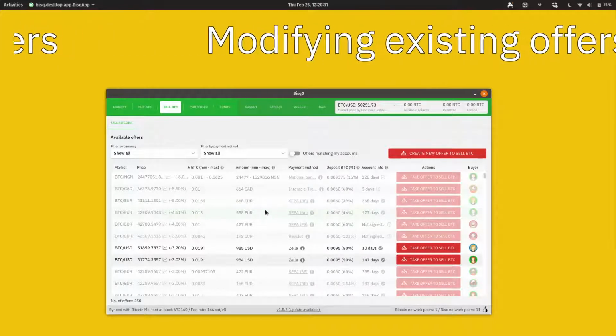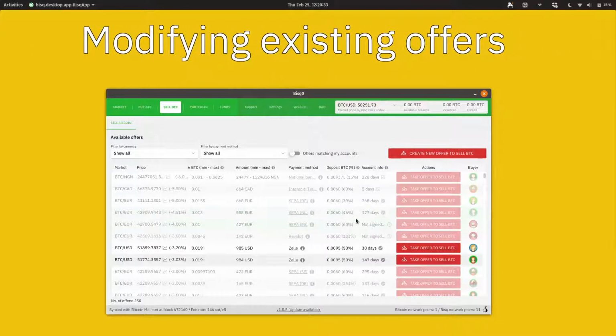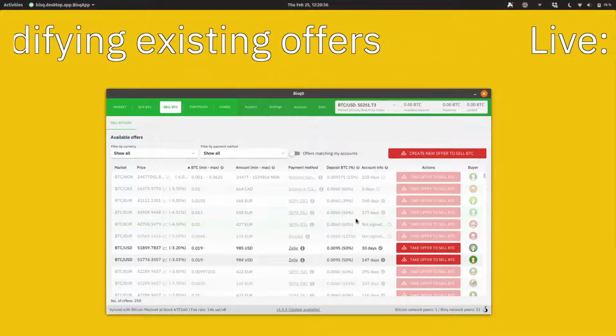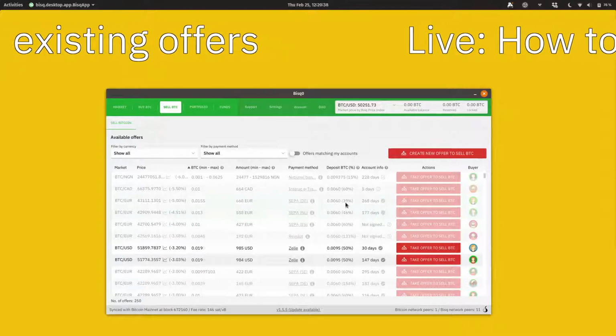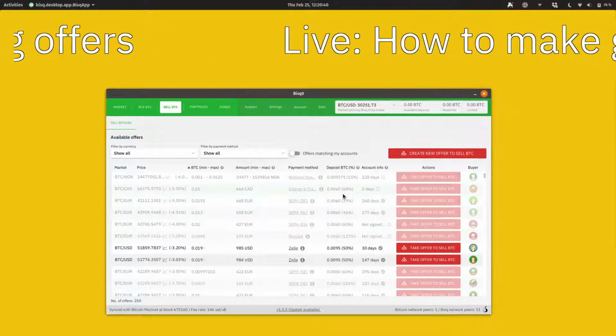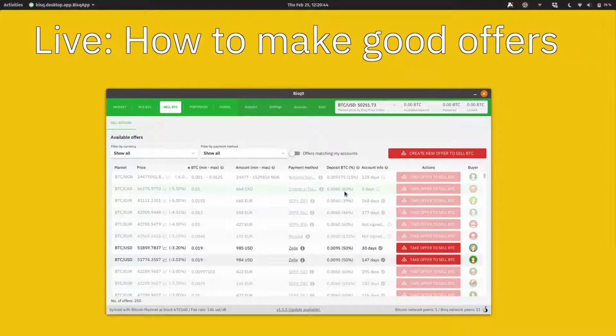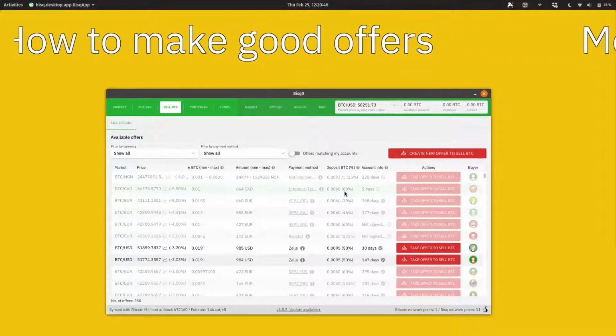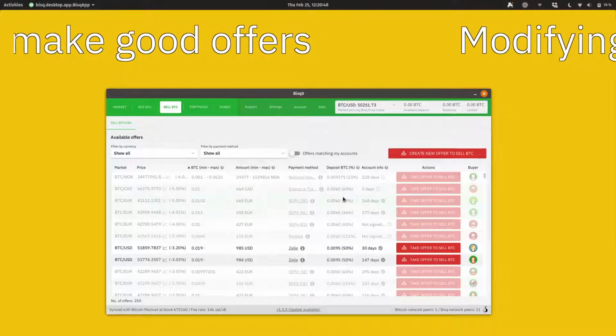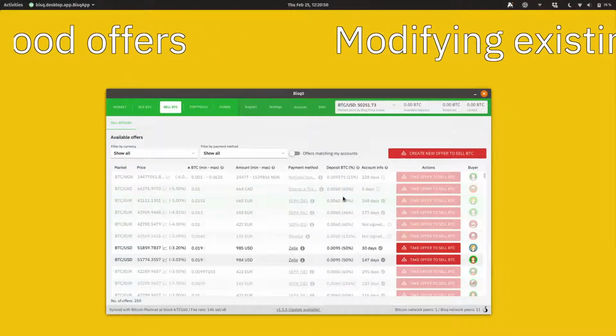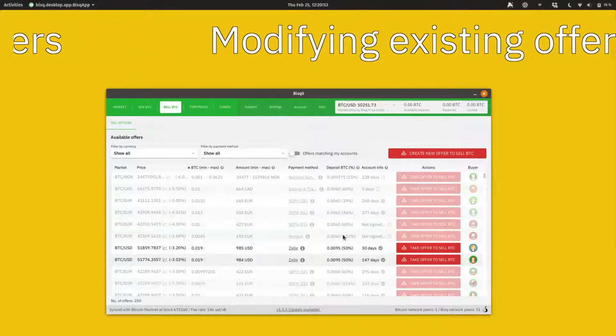But another thing that could signal confidence to a potential offer taker is the deposit, because it signals how serious you are, how much skin in the game you're willing to put in to have the trade go successfully.